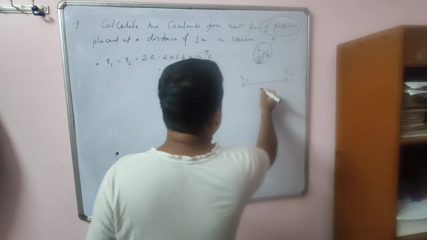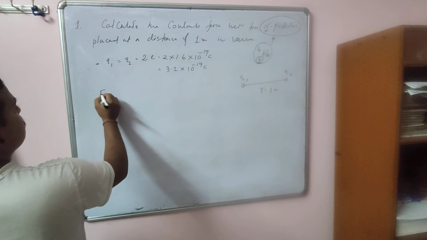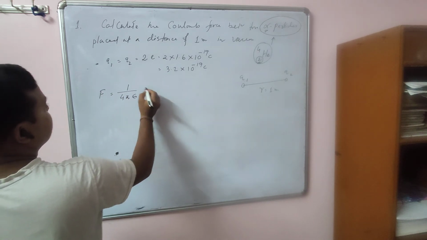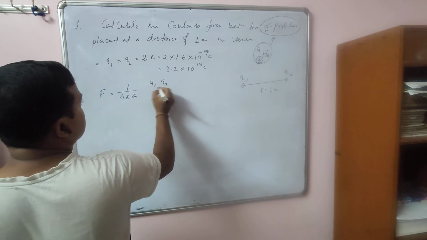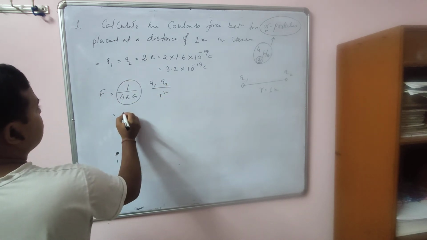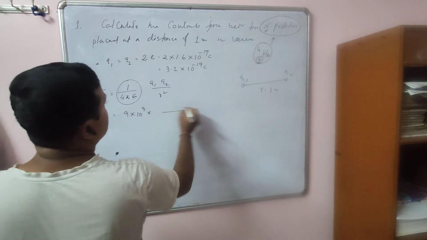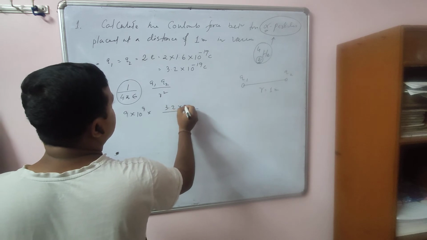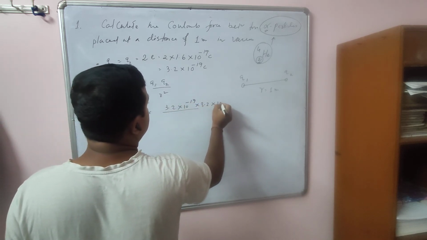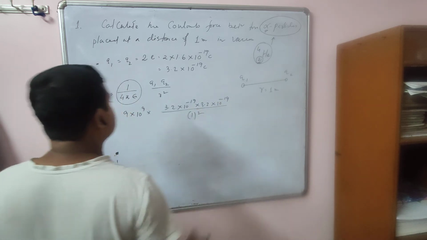Now here the distance r is also given, 1 meter. So you can easily calculate the force. You just apply the formula 1 by 4 pi epsilon into Q1 Q2 by r square. I have already given you this value, 9 into 10 to the power 9. So here 3.2 into 10 to the power minus 19 into 3.2 into 10 to the power minus 19. r is 1.